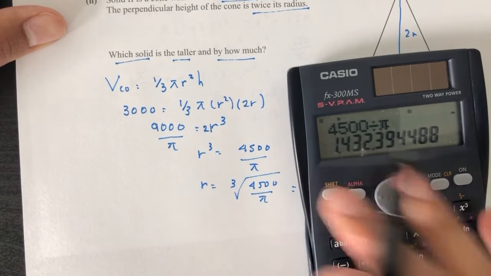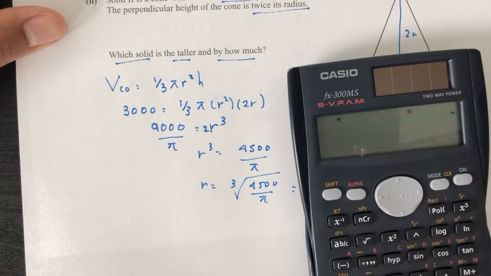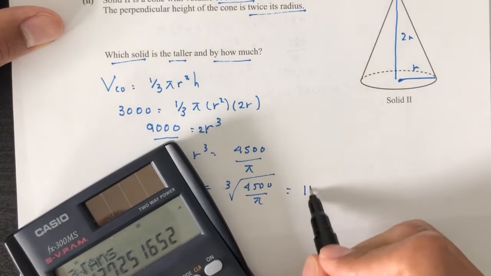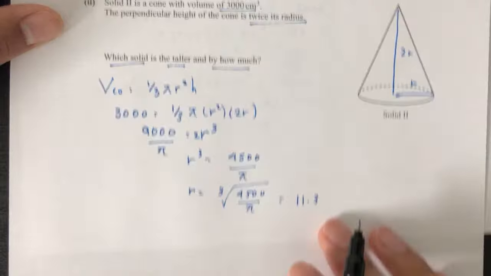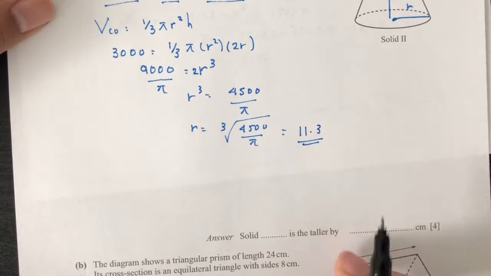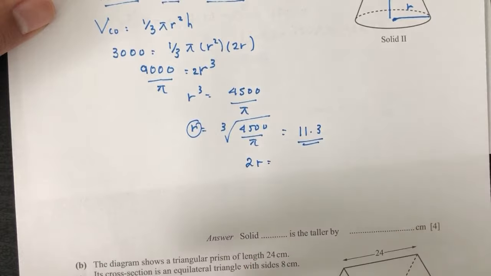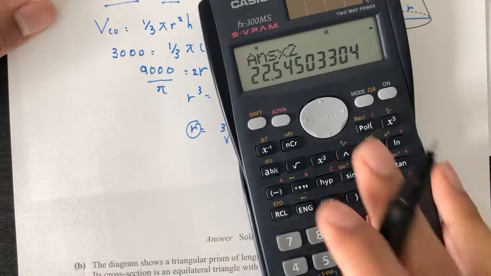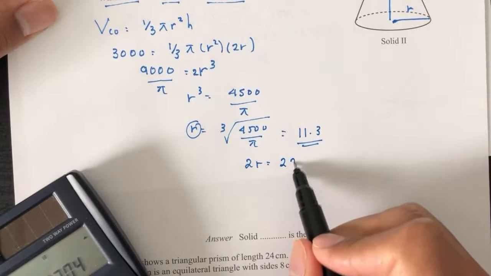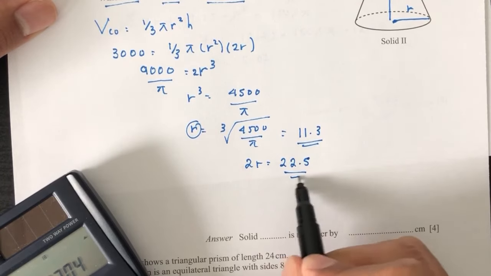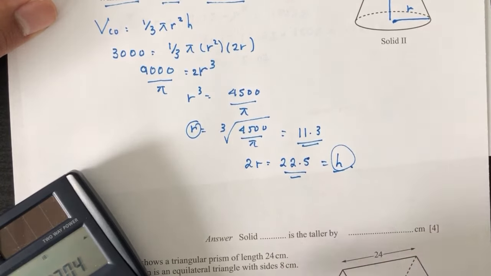By pi, cube root will be 11.3. So that's the radius of the cone. Height will be 2r. So times 2 will be 22.5 for the height of the cone.